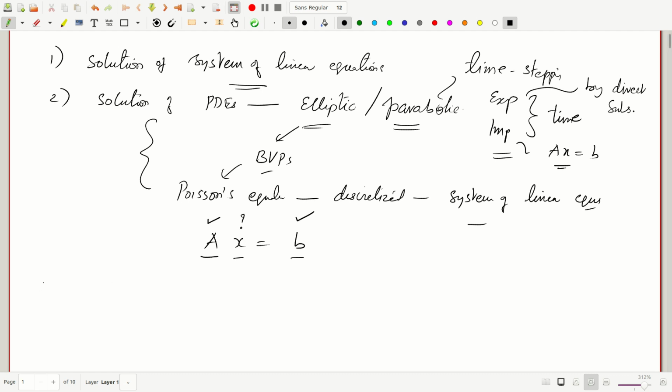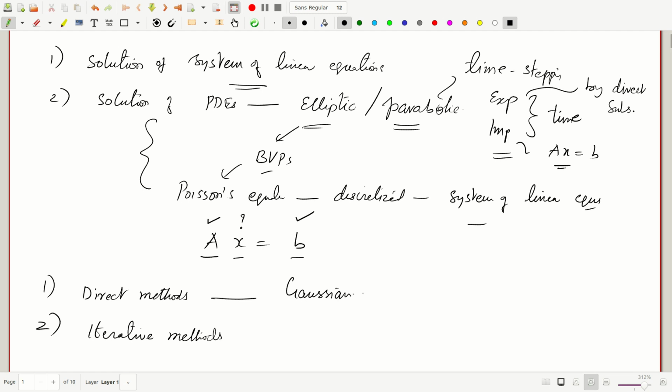We could categorize the methods into direct methods or iterative methods. For the direct methods, an example is Gaussian elimination, or in other words, LU decomposition.